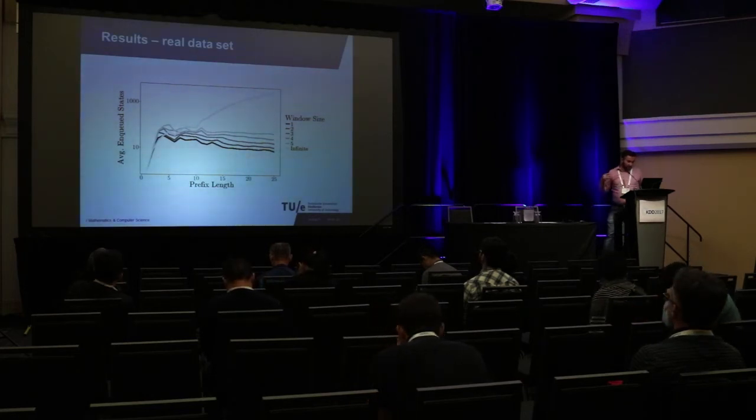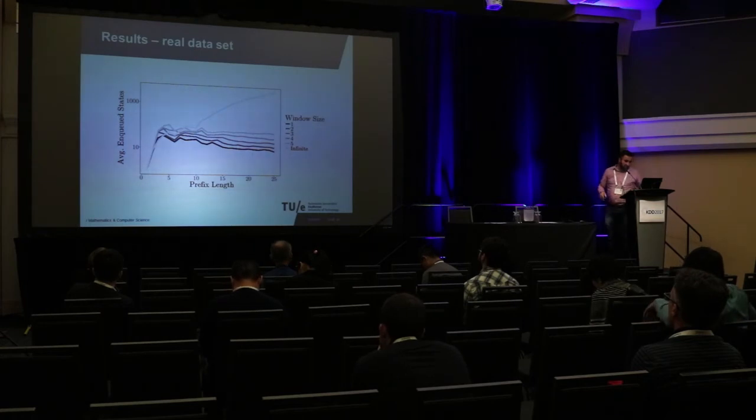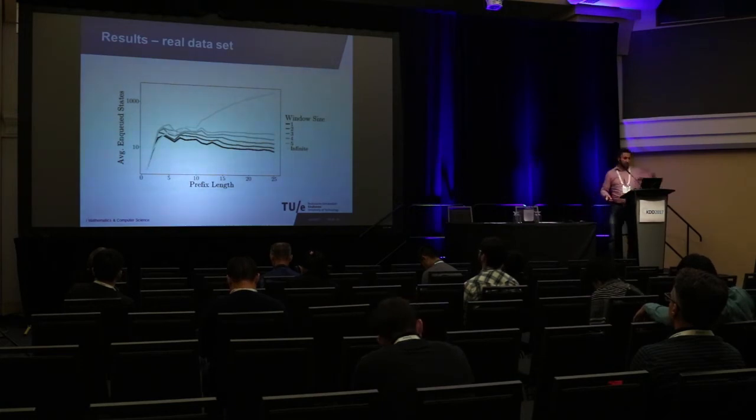If we have a window size of 1, obviously we will be achieving the best because we are not using a lot of space. But if we have an infinite window size, or if we are really going to the beginning of the stream to implement the prefix alignment, we will be consuming the highest space.